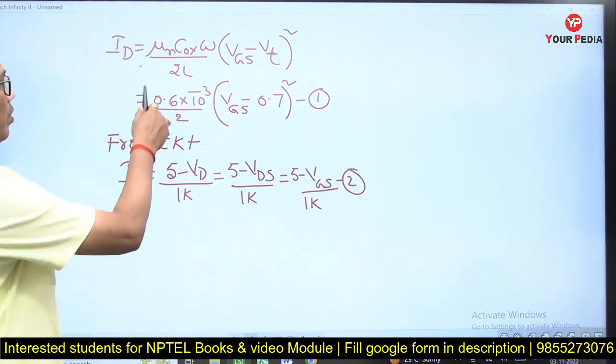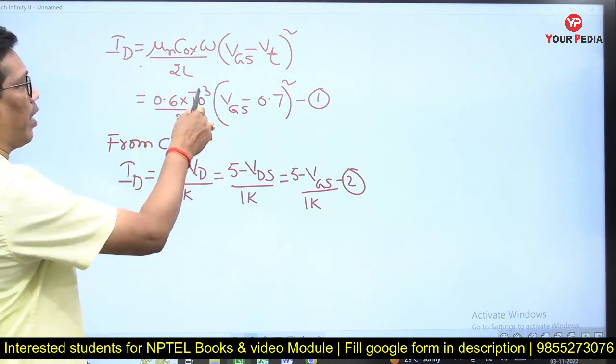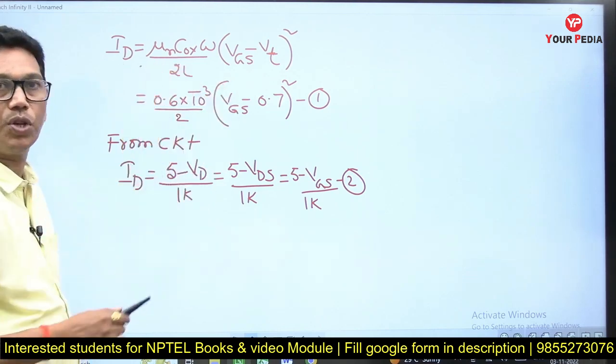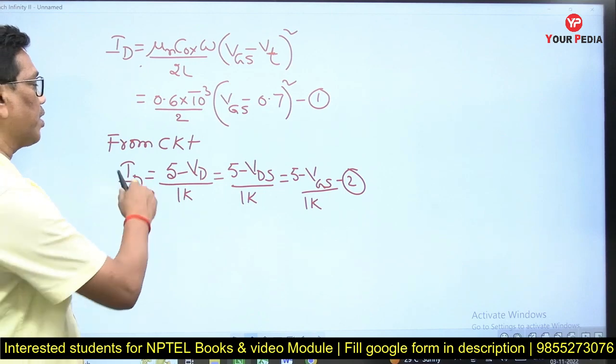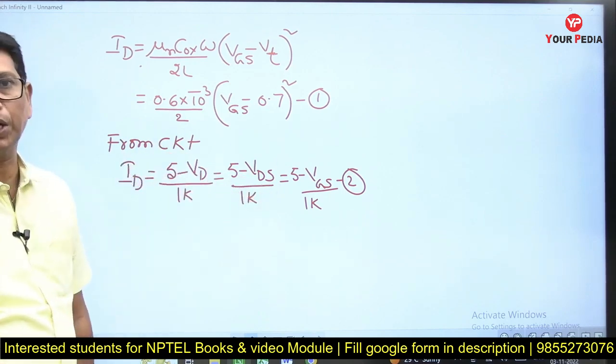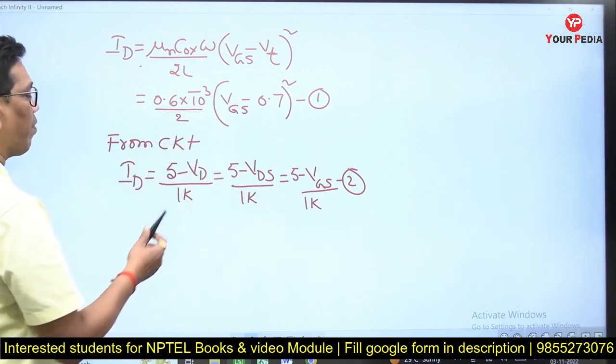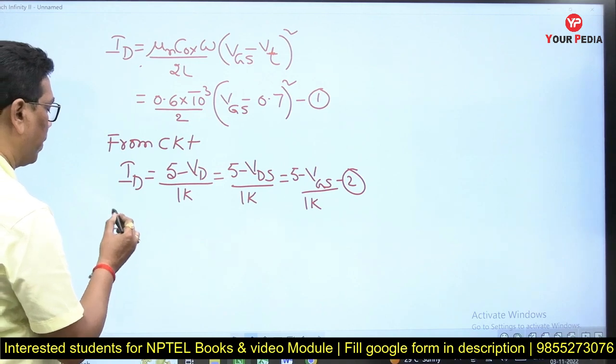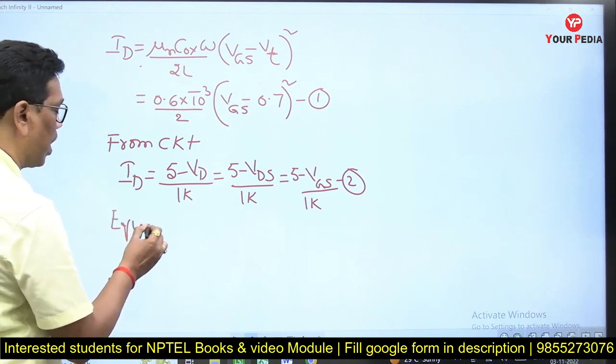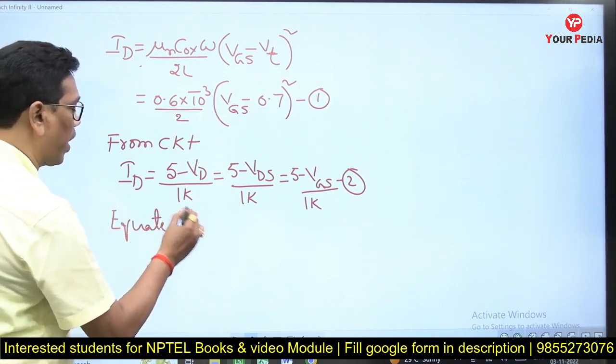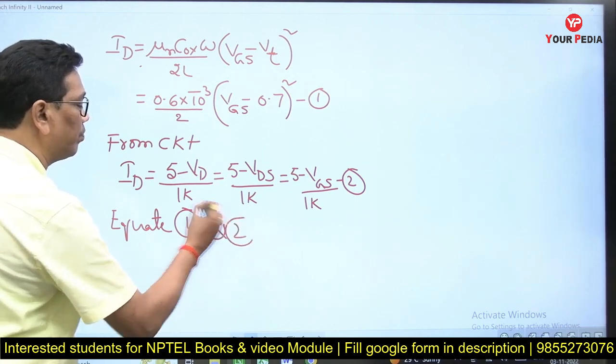So now both are expressions for the drain current of the same circuit. This one is considered from the saturation condition of the circuit. This one is considered from the circuit of the given specifications. So now I can equate 1 and 2.